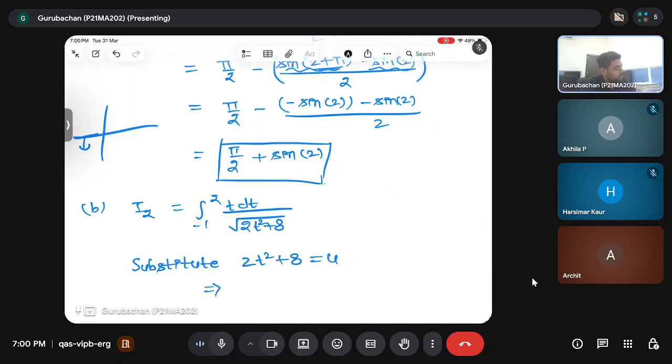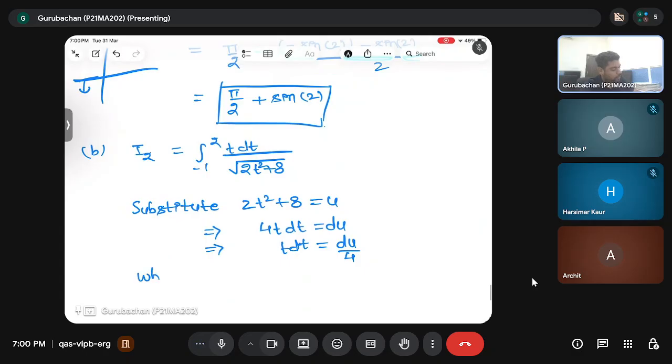So then 4t dt is equal to du. Thus t dt will be du by 4. So when t is equal to minus 1, don't ever forget to update the limits.